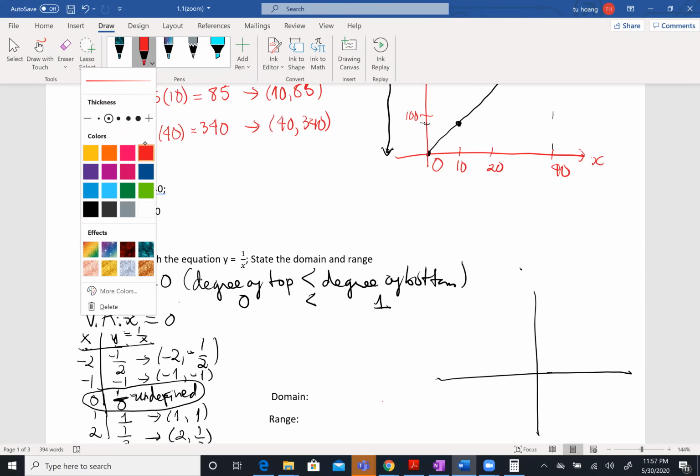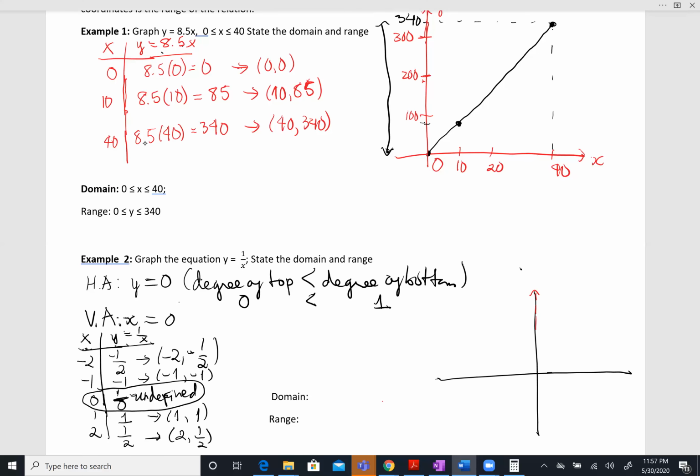The horizontal asymptote will be the x-axis, and the vertical asymptote will be the y-axis. And the graph will go along with it.